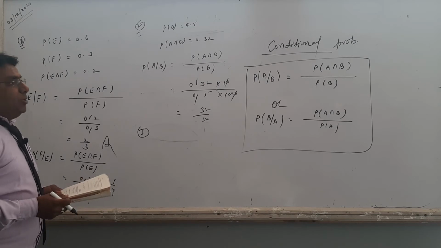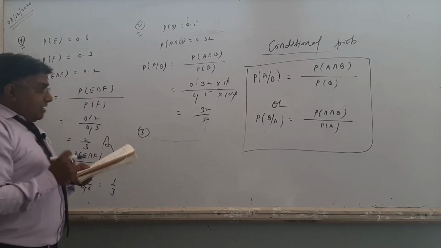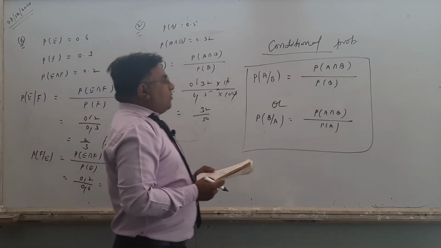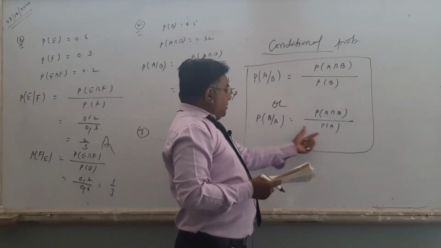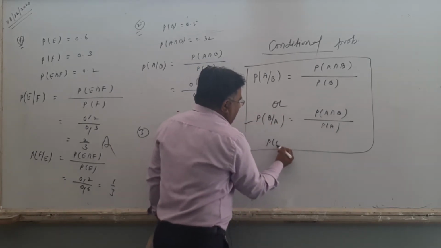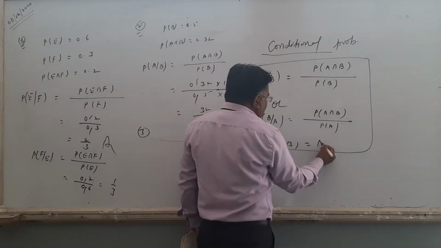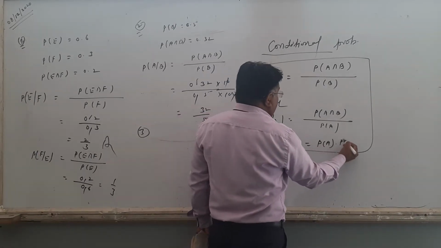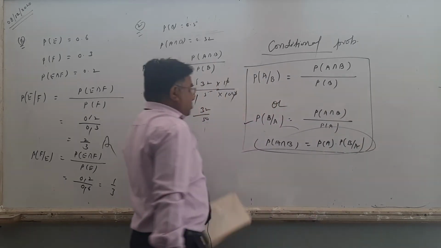Apply the formula P of A union B equals P of A plus P of B minus P of A intersection B. For P of A intersection B, this is given P of B by A, so cross multiply. From this formula you can find P of A intersection B. P of A is given, P of B by A is given, that is the formula P of A into P of B by A. Then the same formula is applied, conditional probability.